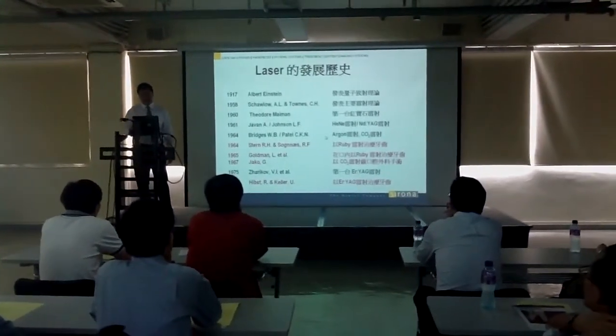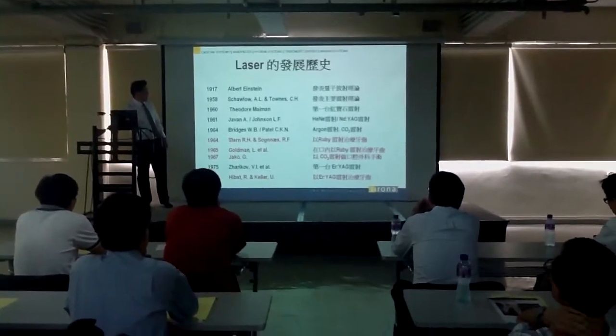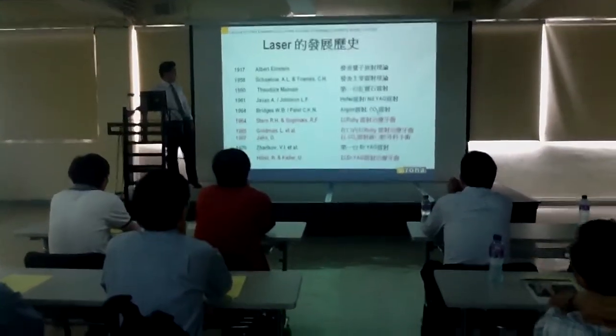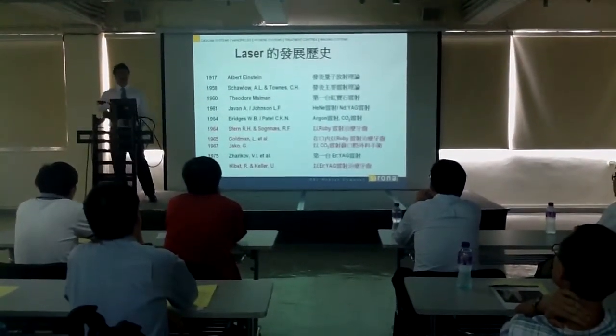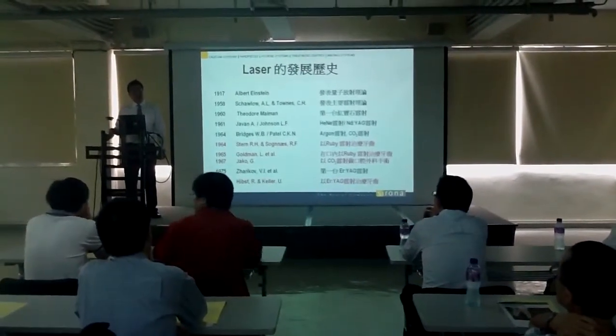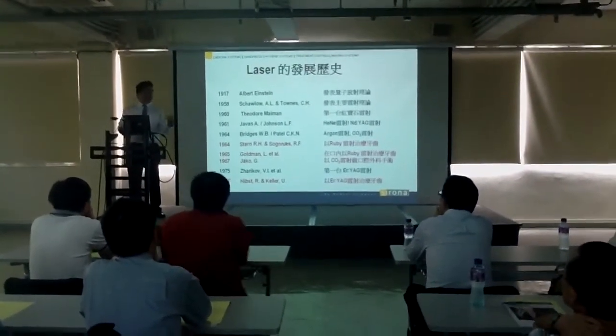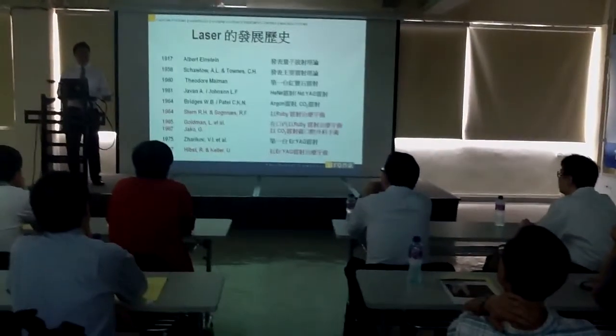Along this, I want you to point out right here, you can see the CO2 laser was developed in 64. And of course, it's heavily used in the medical field, also in dental. But I'll show you whether it is a good laser for dentistry or not.